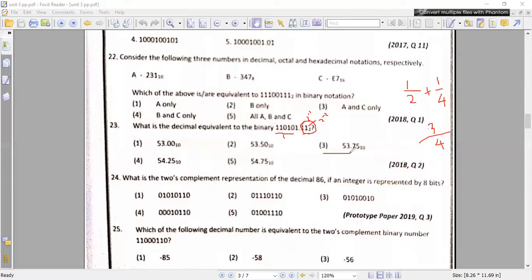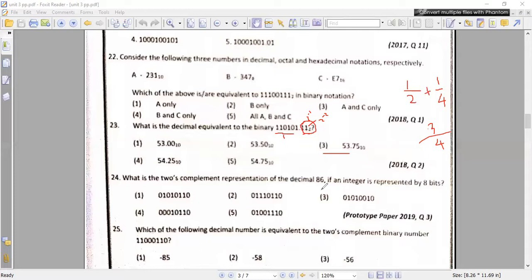Then we'll go to the next one. What is the 2's complement representation of decimal 86? If an integer is represented by 8 bits, you know that 86 is a positive value. For positive values, when you convert to 2's complement or 1's complement, you have the same value. That means you don't have to invert the bits.